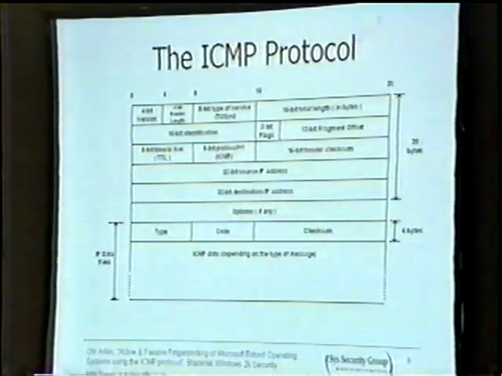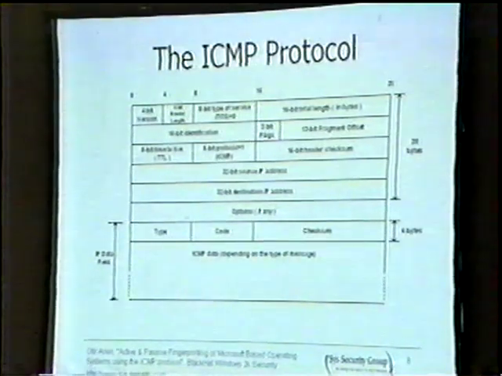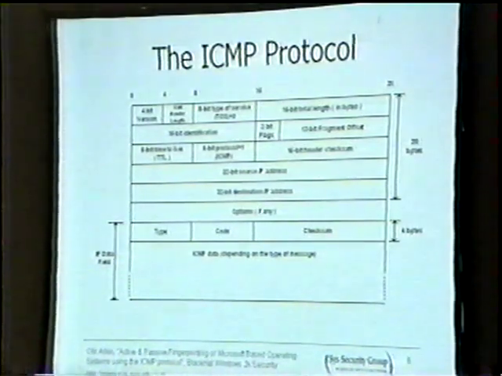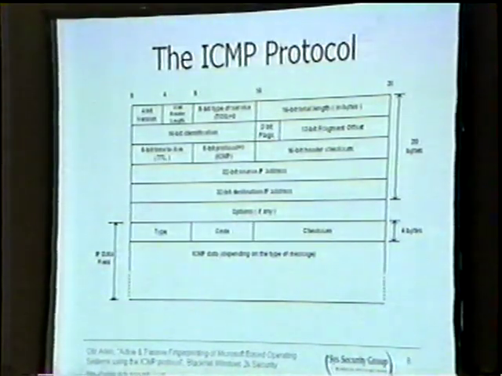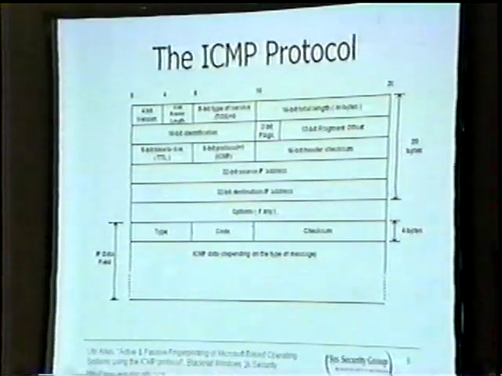Some ICMP messages have a few subtype messages, like destination unreachable, which has host unreachable, network unreachable, around 16 possibilities. We have a header checksum, and we have data, which varies according to the different types of message.